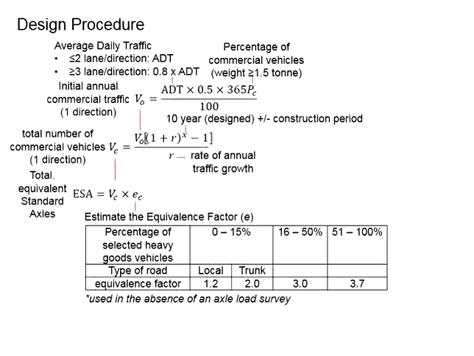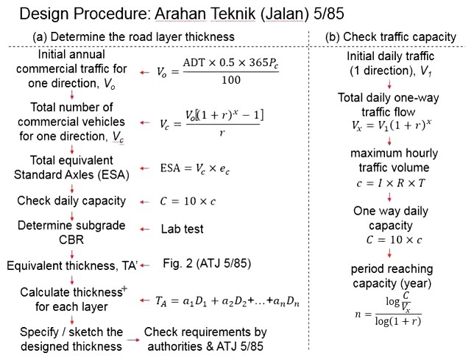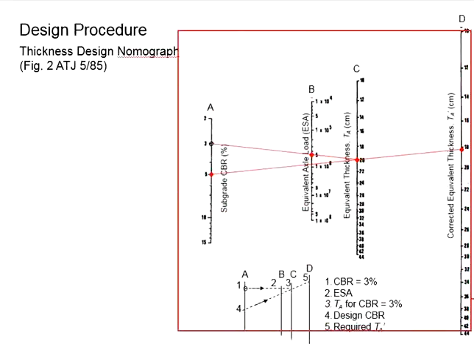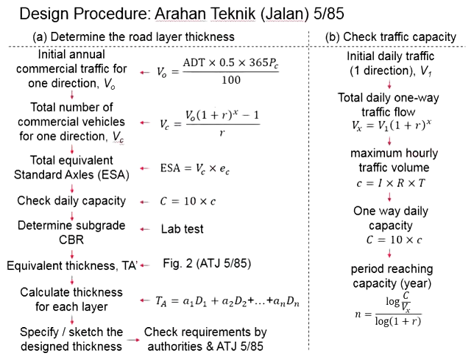In other words, we calculate the Vc, which is on the basis of the commercial vehicles, in order to get the ESA. Based on the ESA, we determine the equivalent thickness from the thickness design monograph. Now we use Vx, which is the total daily one-way traffic flow, to check the traffic capacity.